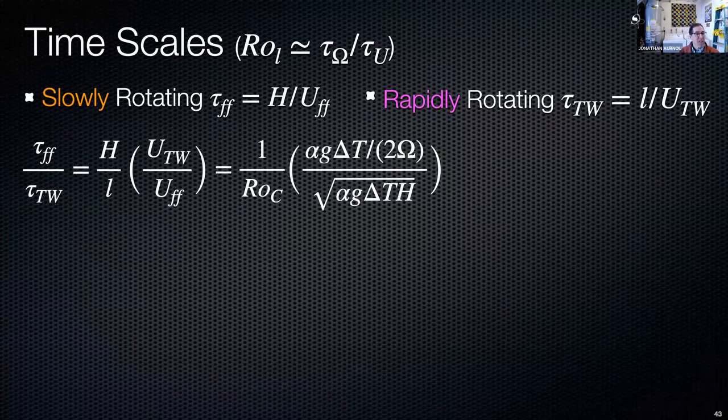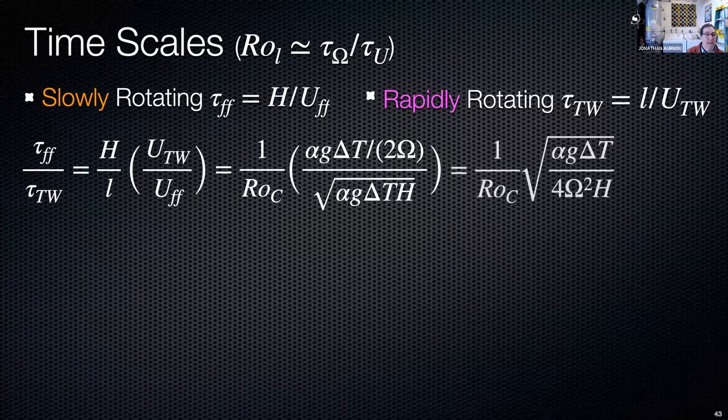Alpha g delta T over 2 omega, normalized by the free fall velocity, the square root of alpha g delta T h. If we simply rework that, you can see it's 1 over Ro_C, and then inside the parens turns into the square root of g alpha delta T over 4 omega squared h. That's convective Rossby again. So this term is order 1.